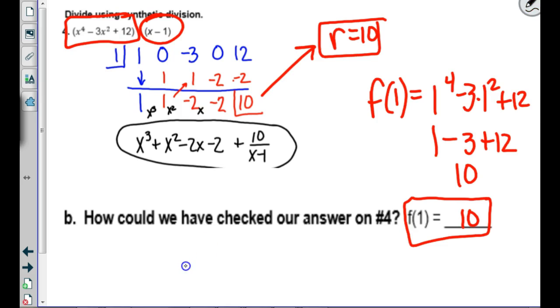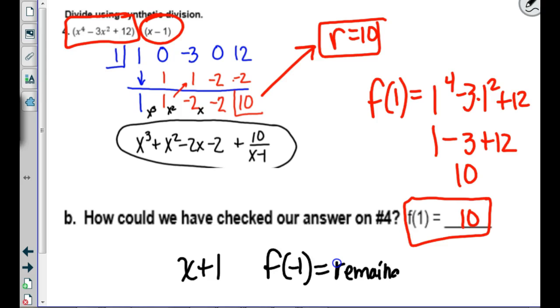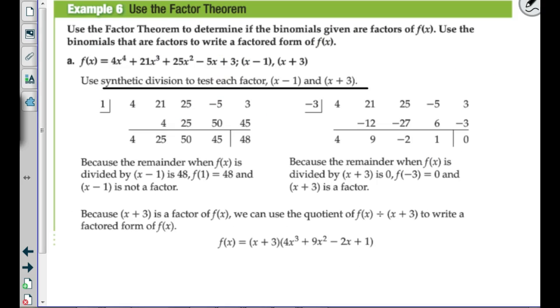Okay, great question. The question said if we were trying to divide this, we would find f of negative 1 to predict the remainder. Because it's the 0 that we're putting in here. Everybody, that helped some of you? That was a great question of clarification.